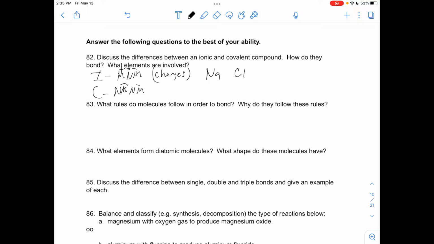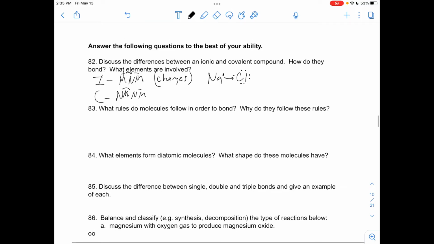So for example, if I have sodium and chlorine, chlorine has 7 valence electrons in column 7. Sodium has 1 valence electron, and so they're both happy if sodium gives that electron to chlorine, but in doing so, sodium becomes +1 because it lost an electron. Electrons are negatively charged, and chlorine becomes -1, and that charge difference holds them together. So there's a transfer of electrons, and that's how we get redox reactions.